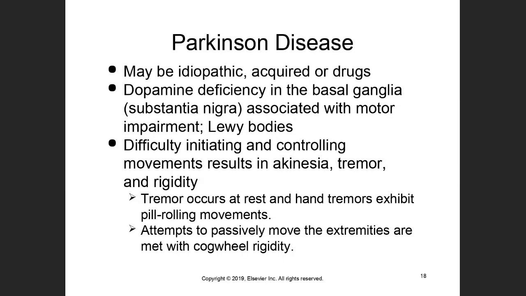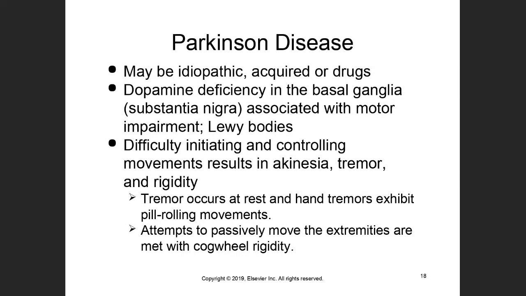Dopamine deficiency in the basal ganglia, substantia nigra, associated with motor impairment, Lewy bodies, difficulty initiating and controlling movement result in akinesia, tremor and rigidity. Tremor occurs at rest, and hand tremor exhibits a pill-rolling movement that's characteristic for Parkinson's.